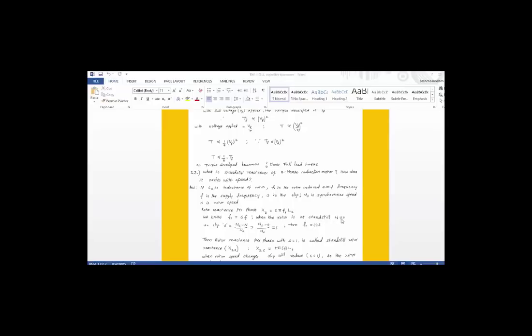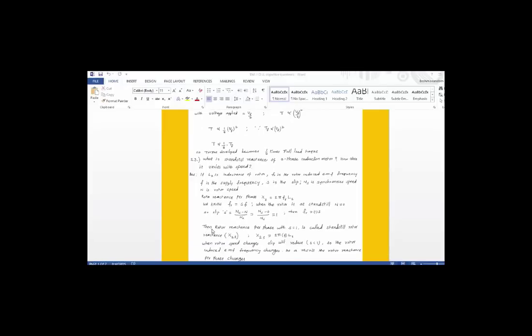When the rotor is at standstill, that is rotor speed N is equal to 0, then the slip S becomes Ns minus 0 divided by Ns is equal to 1. So the rotor induced EMF frequency will become Fr is equal to F. Now the rotor reactance per phase with S is equal to 1 is called the standstill rotor reactance.